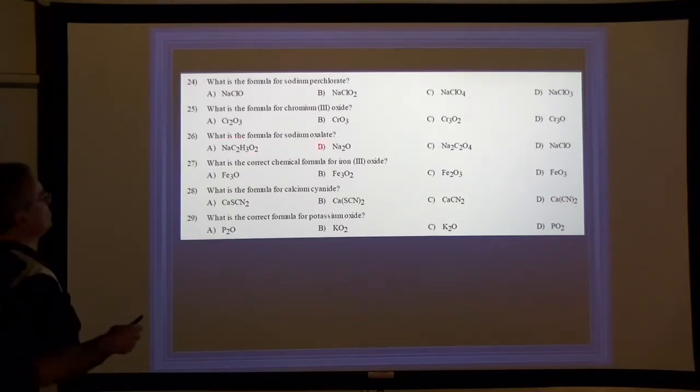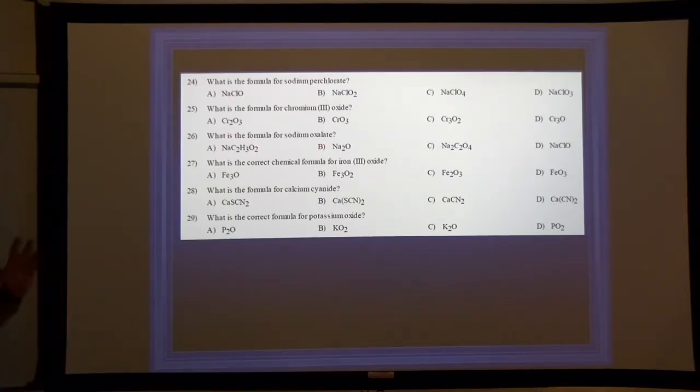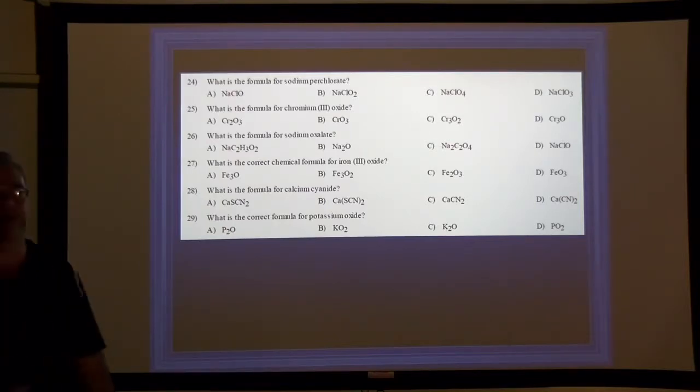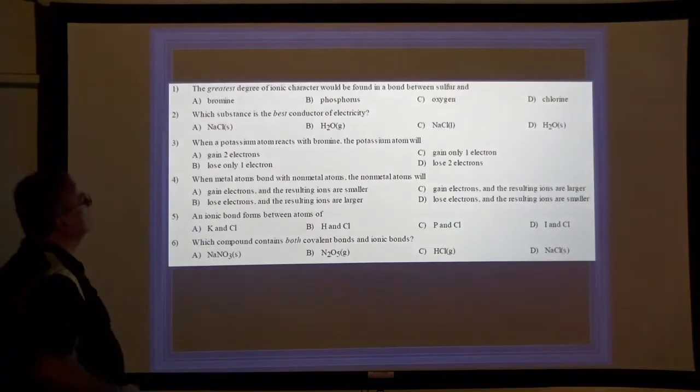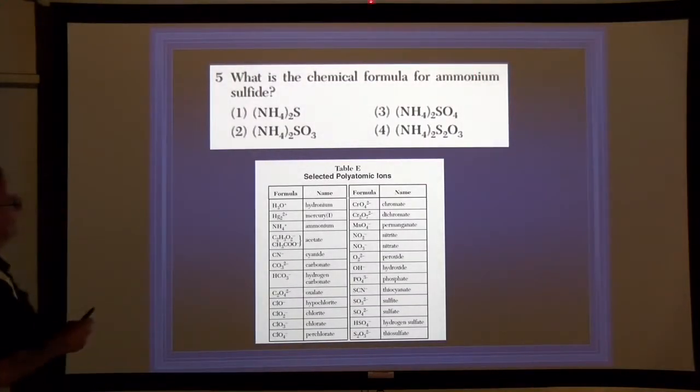What is the formula for sodium oxalate? Now, how do you know you're dealing with a polyatomic ion? There's something common here. If you ate it, it's a polyatomic ion, and if I ate it, it's a polyatomic ion. So ates and ites in the negative ion name are always polyatomic ions. So sodium oxalate, I got to go back to my table. I scan the table looking for oxalate.